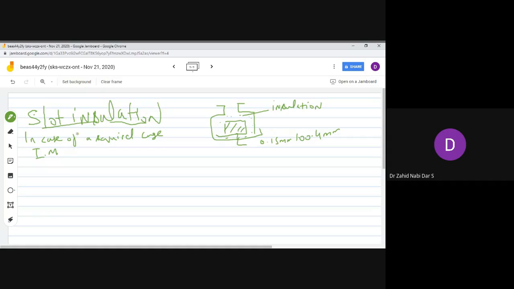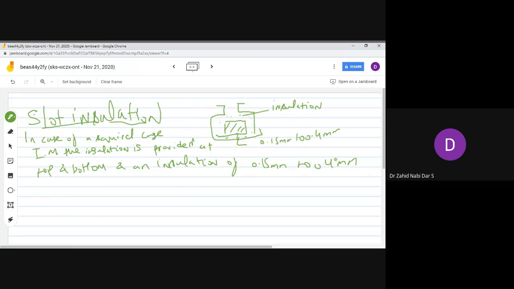The insulation of 0.15 mm to 0.4 mm is provided at top and bottom.